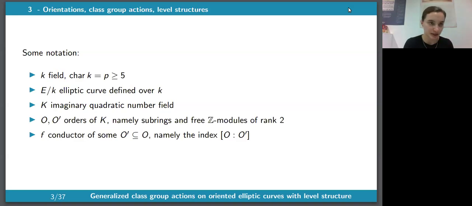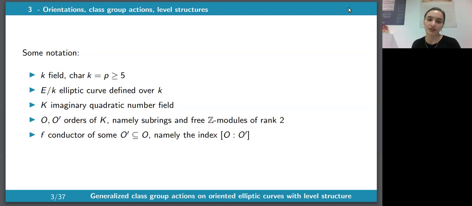So I will start by fixing some notation first. Small k will be a field of prime characteristic, let's take it bigger than 5. E will be an elliptic curve defined over such a field k. Capital K will be an imaginary quadratic number field. And in this field, we will take some orders, which will usually be called O or O prime.